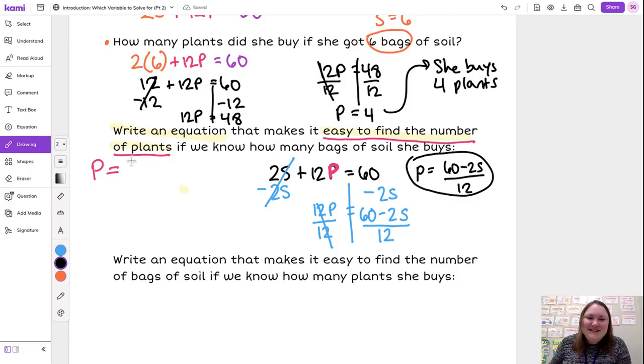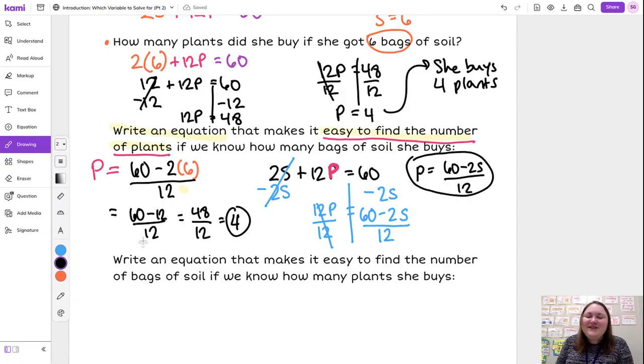So for example, p equals 60 minus 2 times 6, since we were told up here there's 6 bags of soil, divided by 12. To do that math, I'm just going to do 2 times 6, that's 12. So I need to do 60 minus 12 divided by 12. 60 minus 12 is 48, and 48 divided by 12 is 4.